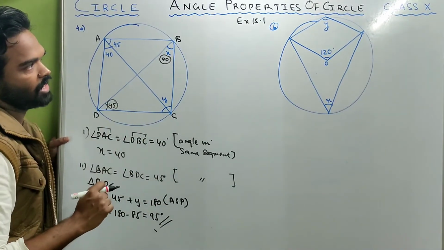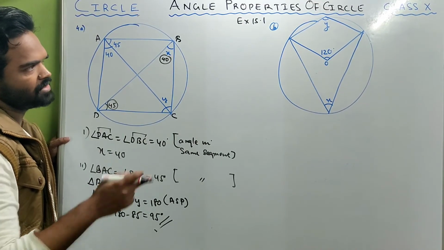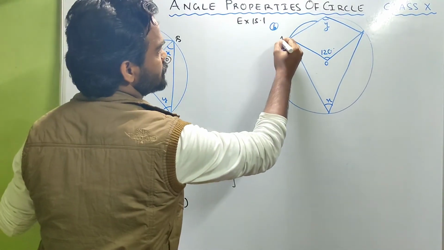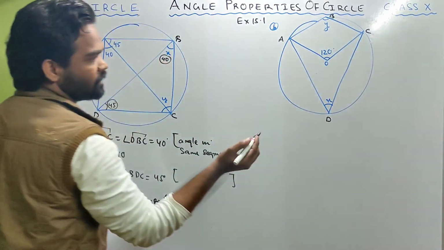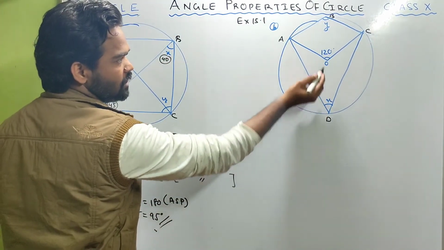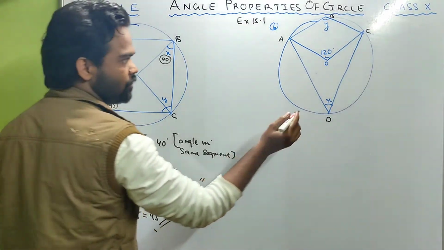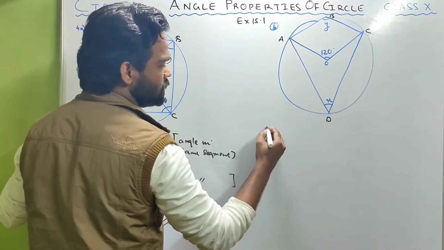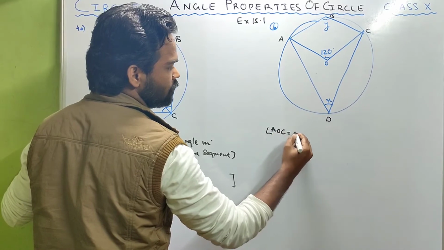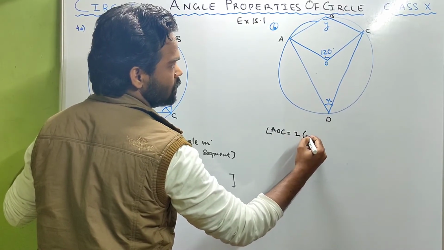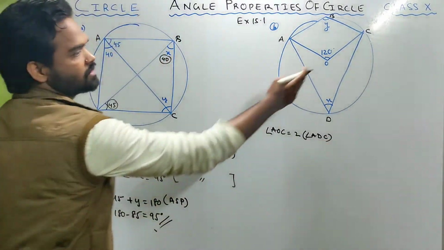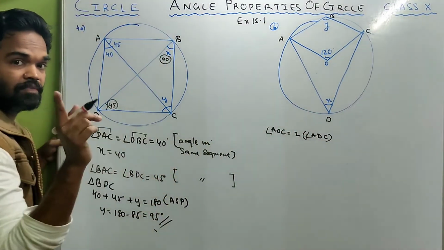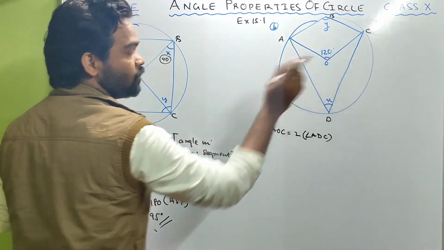Now look at that one, 4 part B. Pretty easy. Suppose I name it A, this is B, this is C, this is D. Then definitely this angle and this angle have a relation. Look over here. Angle AOC will be twice angle ADC, isn't it? Angle at the center is twice the angle at circumference. See, y and 120 don't have a relation.